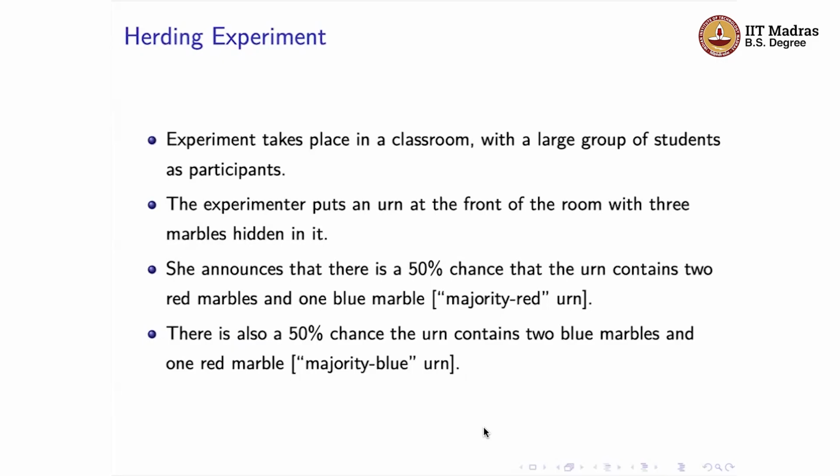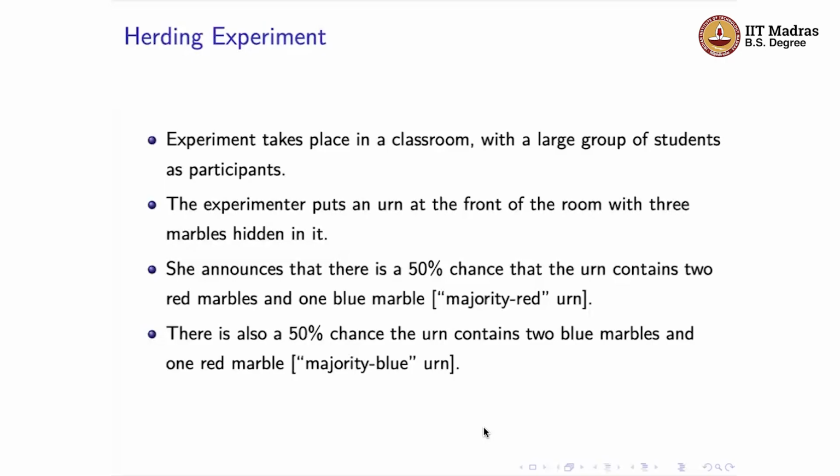The three marbles have different colors, and students cannot observe from where they are sitting what the colors are. In fact, they are not going to be able to observe any of the colors directly. We'll see how they observe colors.